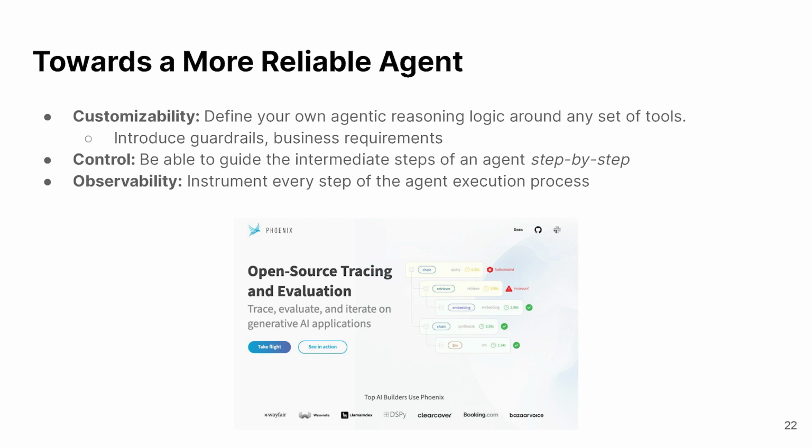And so to that end, it's important to be able to create some core abstractions to let users define whatever agentic reasoning you want with some aspect of guardrails, being able to impose explicit constraints on how that agent can behave and what tools it has access to. Other pieces of being able to develop an agent include control, so actually being able to guide the intermediate steps of an agent step by step.